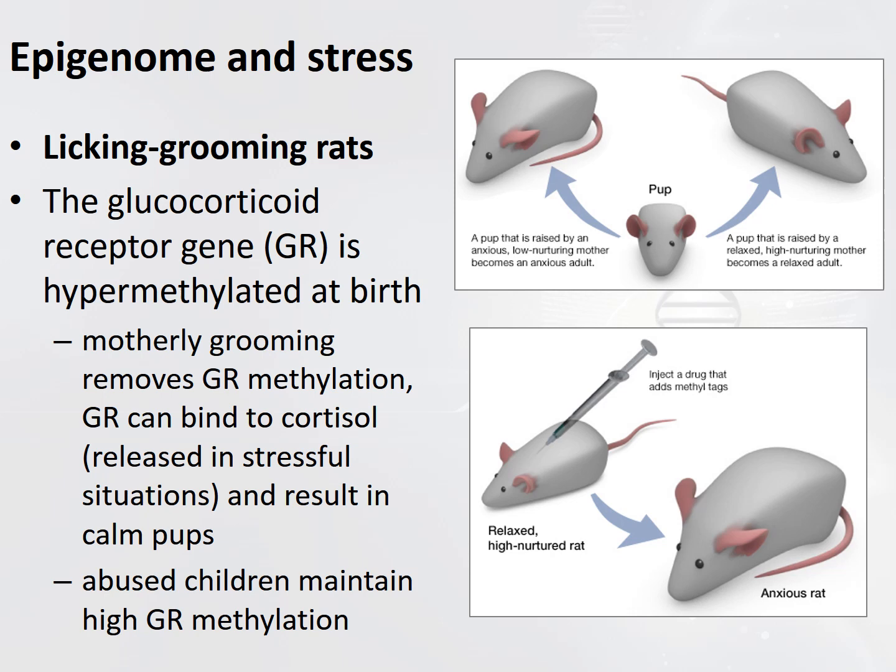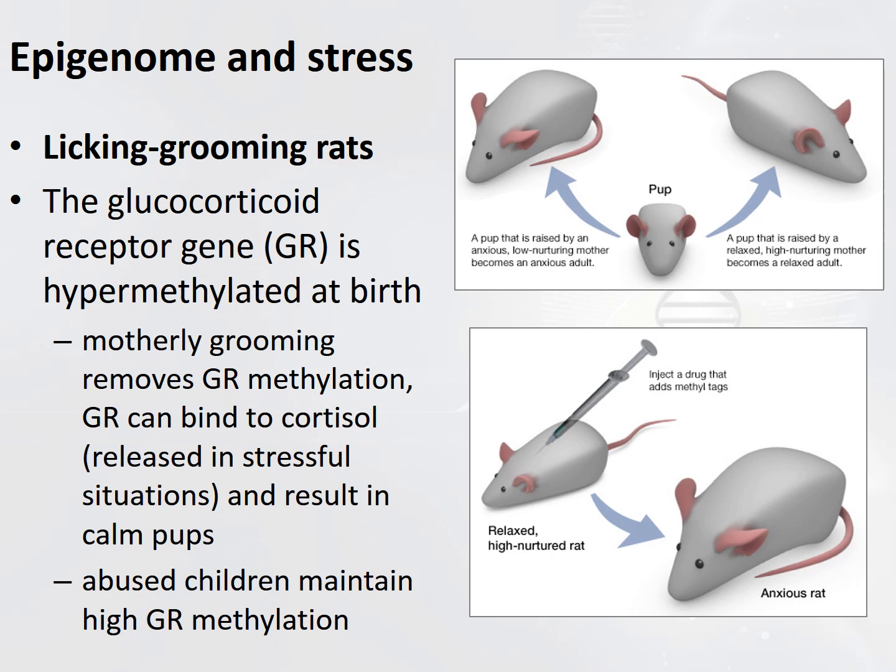Now that we established the background of how cortisol and glucocorticoid receptor work, we should look at the experiment at hand. So if pups were born to a rat mother that was very attentive, was licking and grooming them and nurturing them, the methylation on the glucocorticoid receptor was decreased, and the pups were calmer.